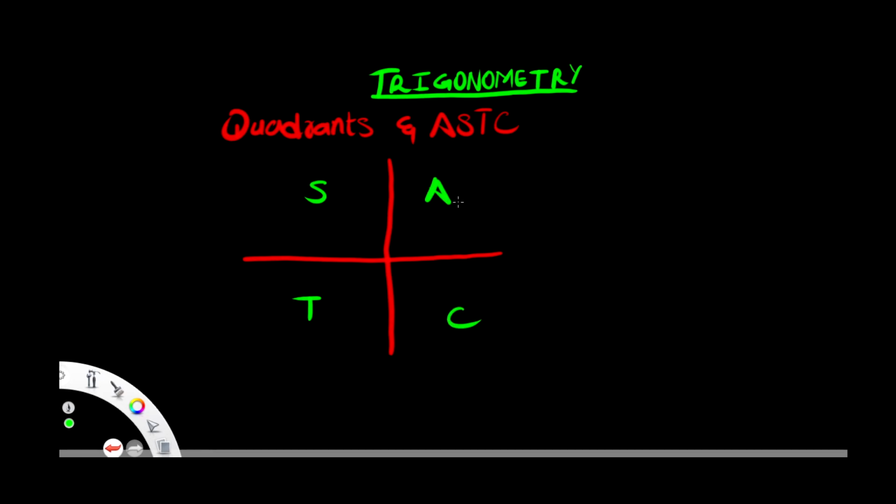The A in this ASTC stands for all, or to be more specific, all ratios: sine, cos, and tan theta are positive.